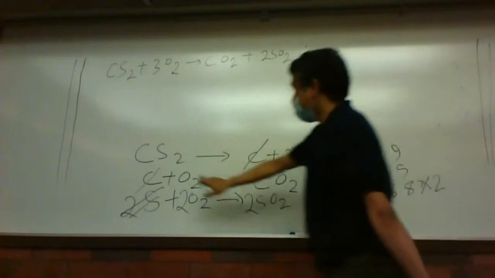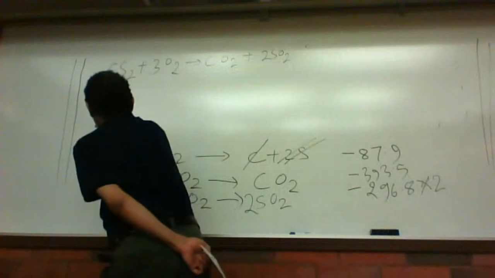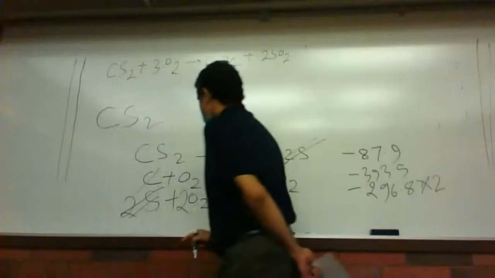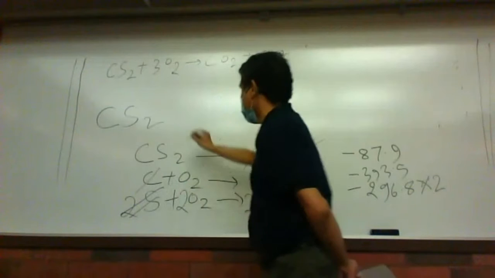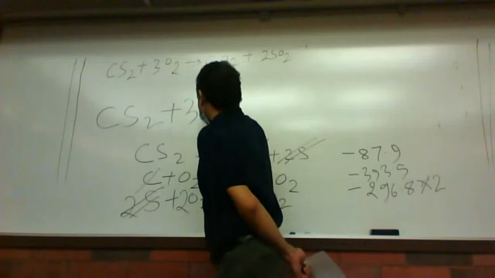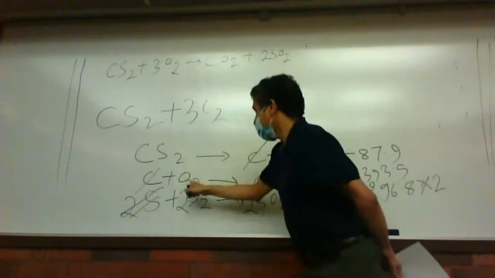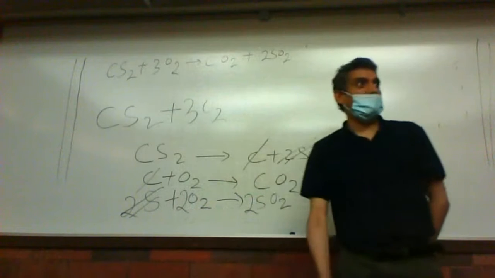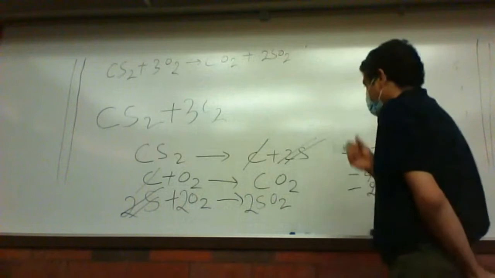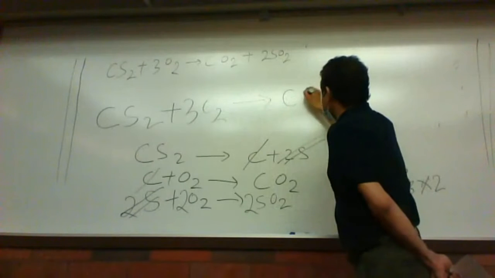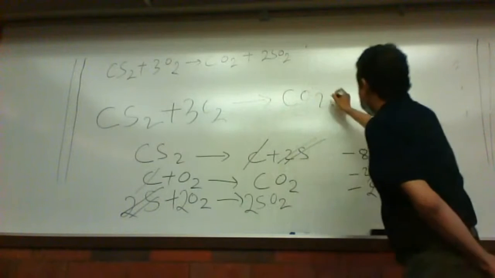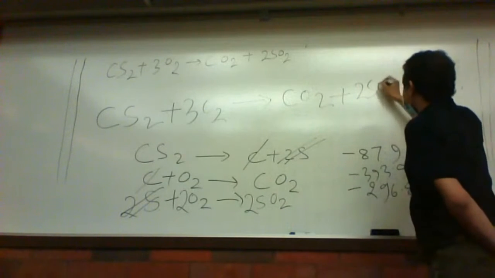In the first I have CS2, so I write CS2 here. Here I have 1 O2 and 2 O2, so this and this add, and that becomes 3 O2. Then in the right side, I have CO2 and plus 2 SO2.